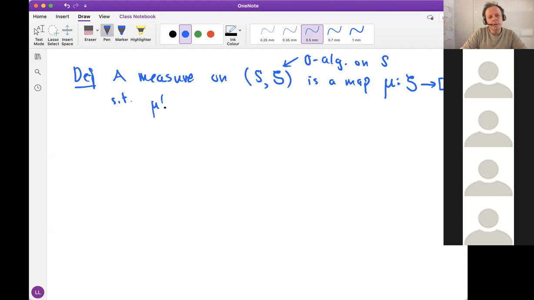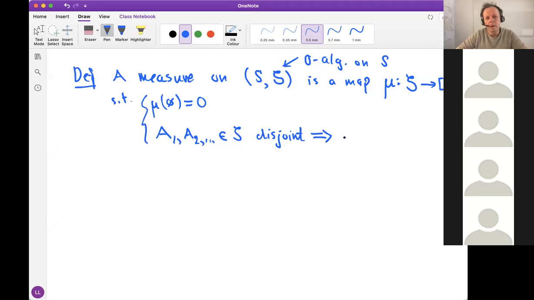We require that the measure of nothing is 0, and that if we have a list of elements or an infinite sequence of elements which are in the sigma algebra, and if they are disjoint, so they don't overlap each other, in that case we require that the measure of the union of these sets is the same as the sum of these measures.